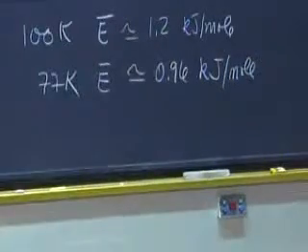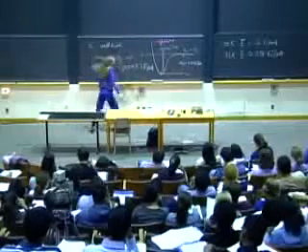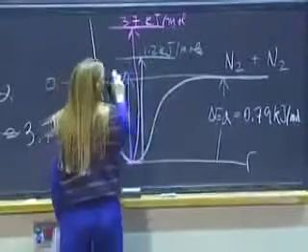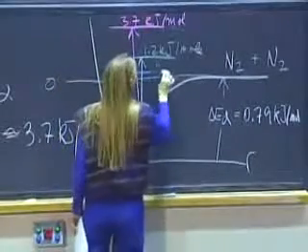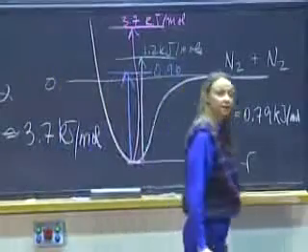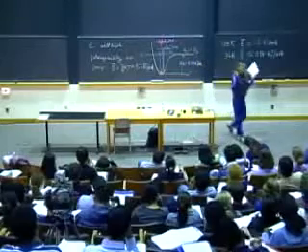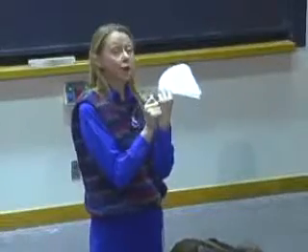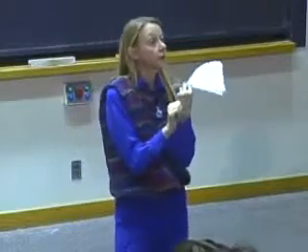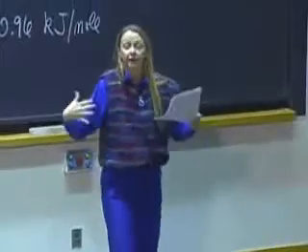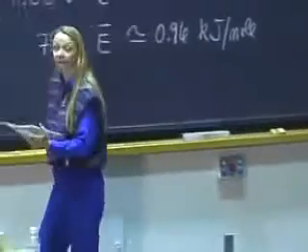And now, in this case, we are fairly comparable to the well depth, right? Here at 0.96 kilojoules per mole. What happens is the gas condenses, right? The interaction energy between those two nitrogen molecules is on the order of their kinetic energy. And then these molecules stick together. The gas condenses and you have a liquid.